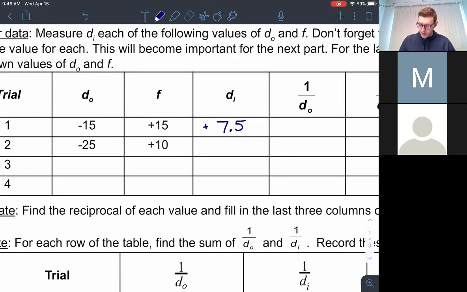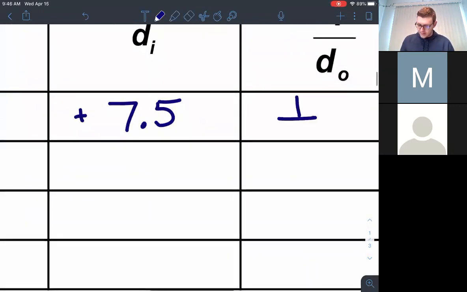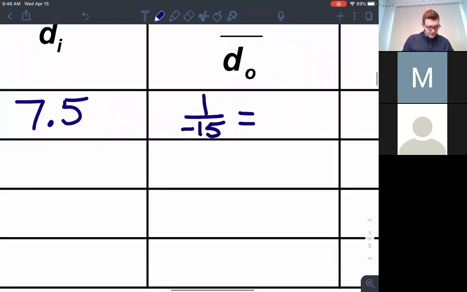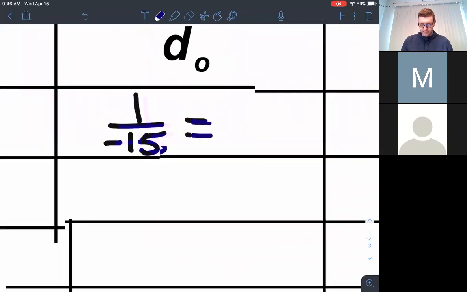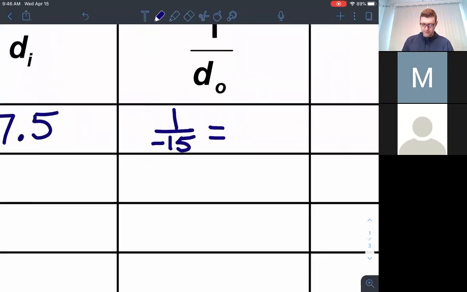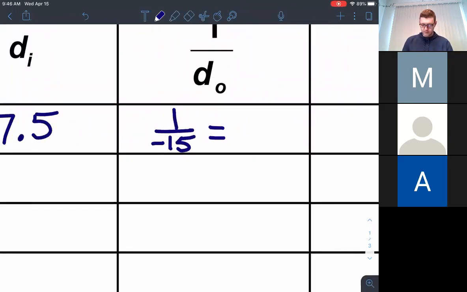So 1 over 15, negative 15, and that is going to equal... Did you get it? Negative 0.06, repeating 7.